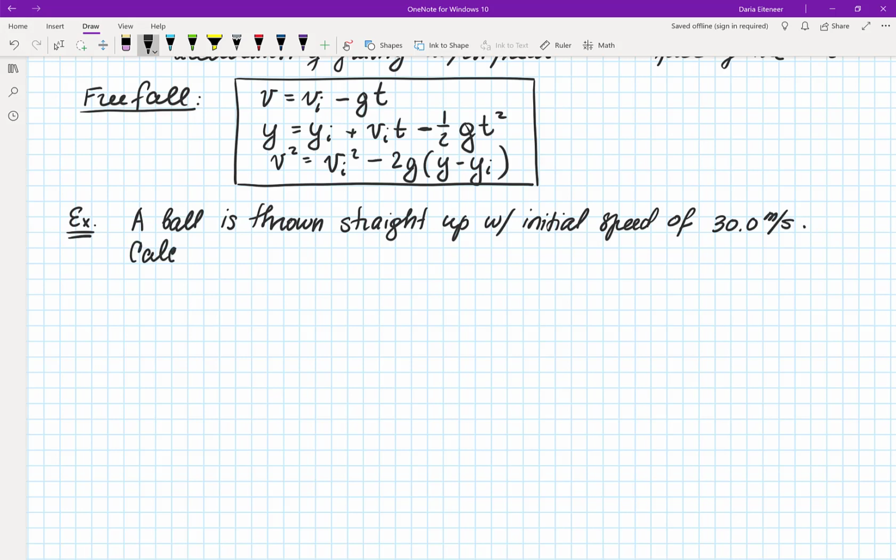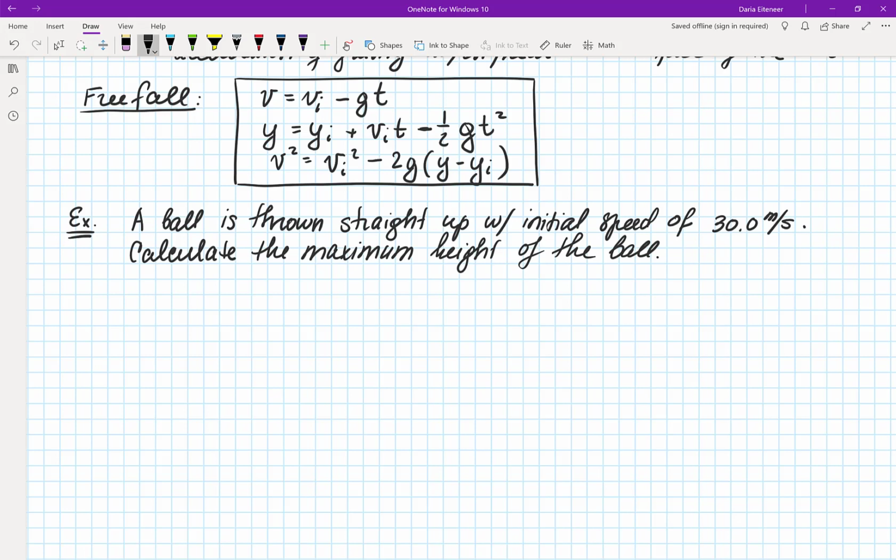Calculate the maximum height of the ball.